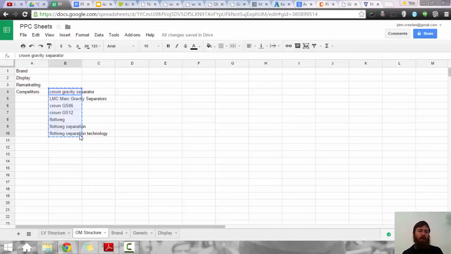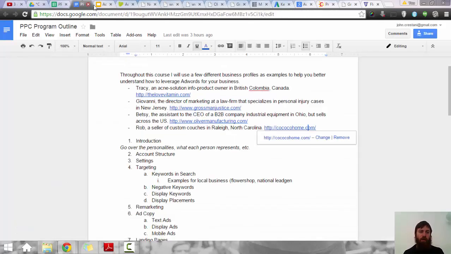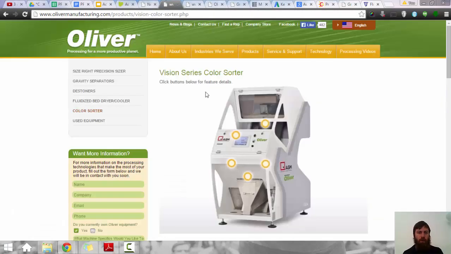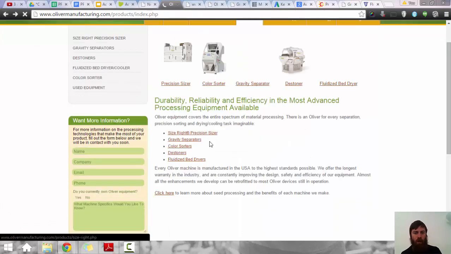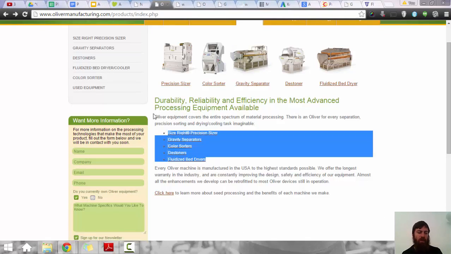I think that gives us a pretty good idea for our generic stuff. We're going to want to focus on our product categories, which we found right here. Basically these five.